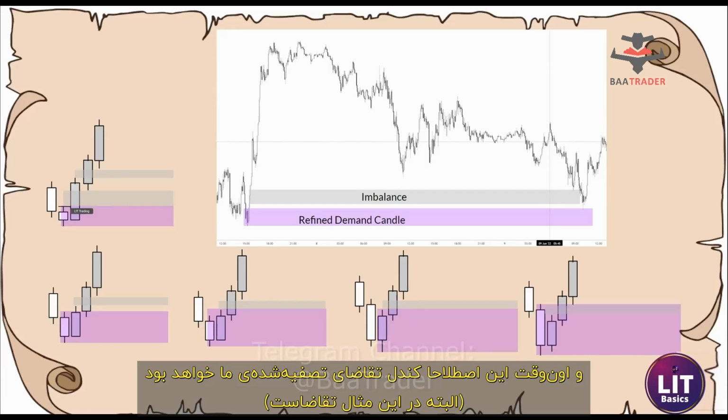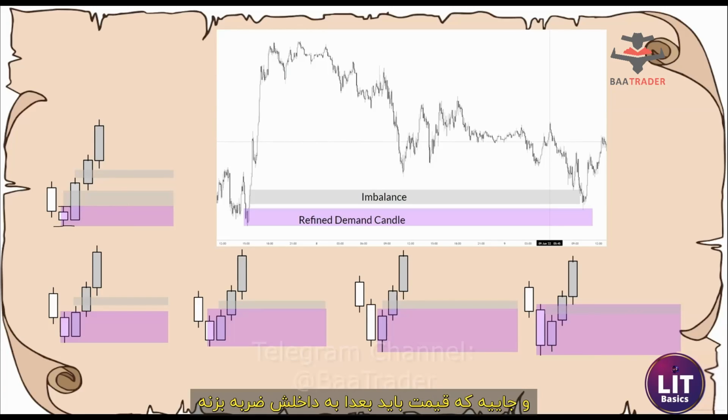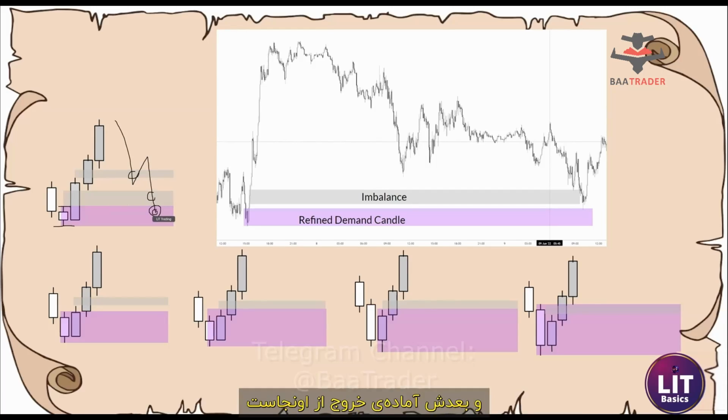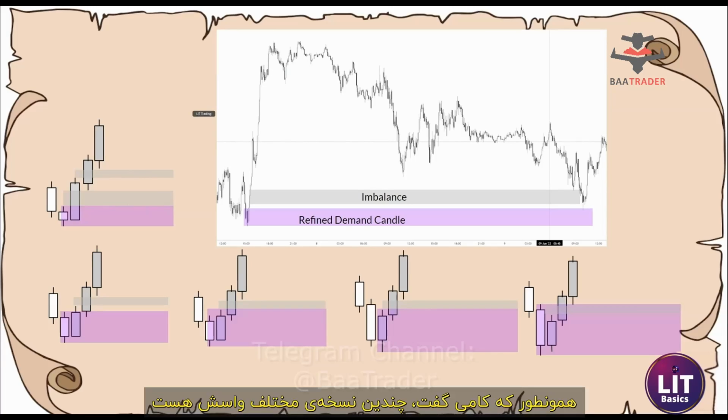And this is our so-called refined demand candle. That's where price then should tap into, because it fills the imbalances, but also taps back into these demand areas and is then ready to go out of it. So how to refine these zones, as Cam said, you have multiple different variations to it.